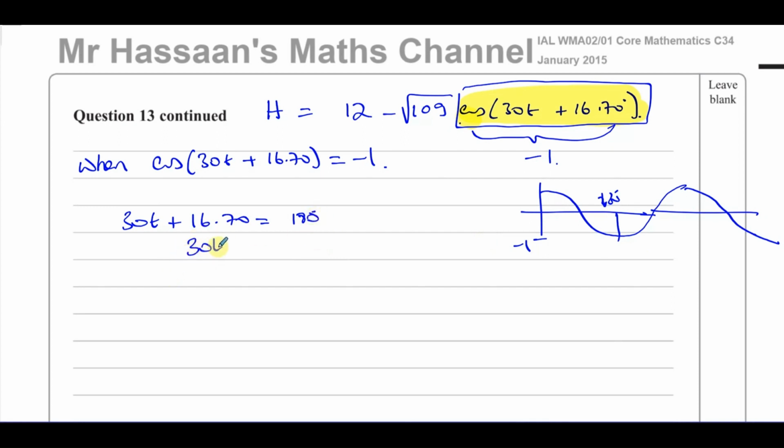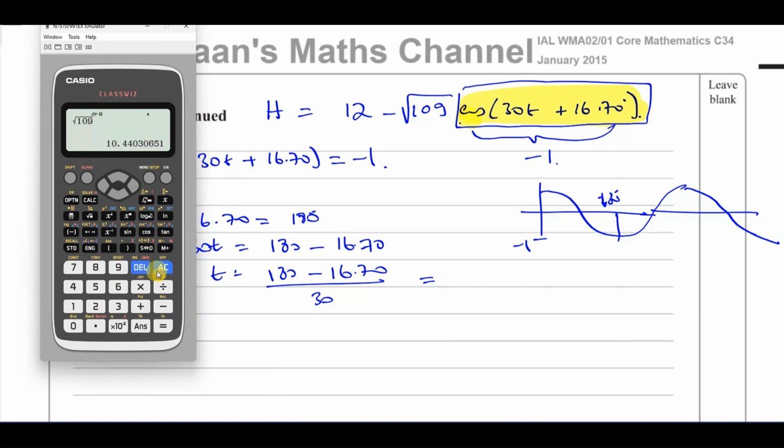So we can say 30t is equal to 180 minus 16.70. So t is equal to 180 minus 16.70 divided by 30. So that should give us an answer, which again we round to 2 decimal places. So we have 180 take away 16.7, divided by 30.